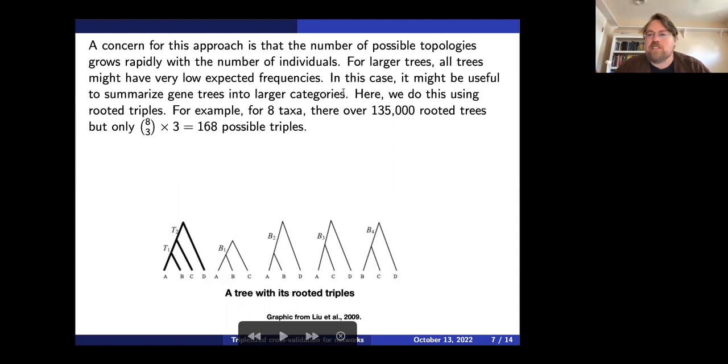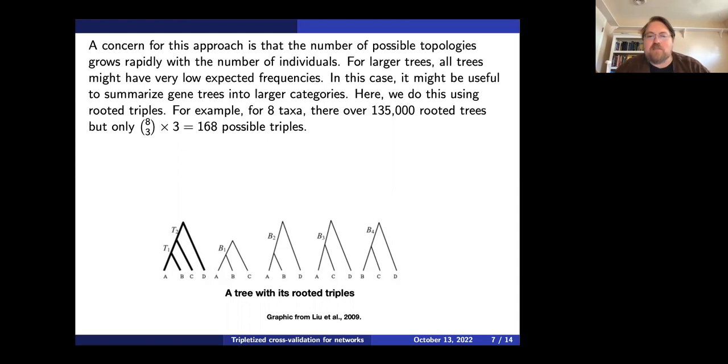Anyway, so an alternative to using cross-validation on predicted topology frequencies would be to use rooted triple frequencies. And the motivation for that is that there are many fewer rooted triples. So as a result, even if every gene tree topology is unique, the triples are not going to be unique.